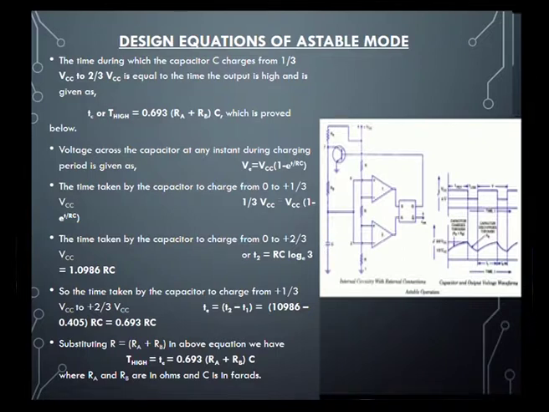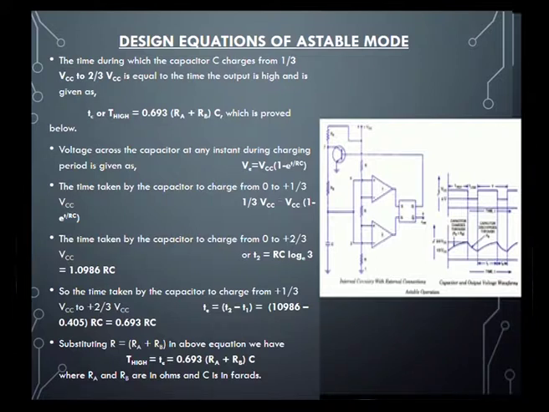Another thing is the voltage across the capacitor at any instant during the charging period. Across this capacitor there will be a voltage, because it is going to charge. This voltage is Vc equal to Vcc into (1 minus e to the power of minus t divided by Rc).